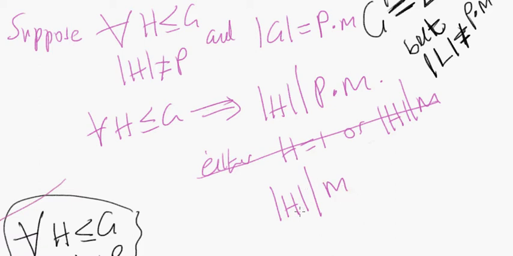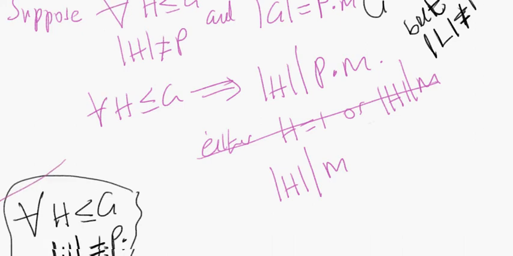Suppose H is not the identity subgroup, and the order of H does not equal P. Can the order of H ever divide P? If the order of H can't divide P, but the order of H divides P times M, and the order of H is not 1, doesn't that mean the order of H has to divide M?